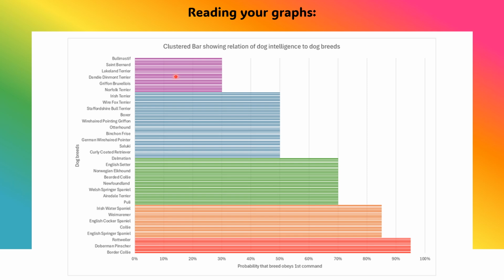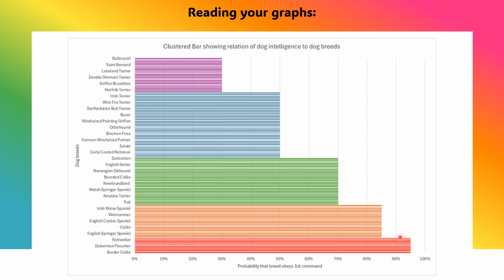The purple bars starting at the top show us breeds that have a 30% probability. The blue bars show us breeds that have a 50% probability. The green bars show us breeds that have a 70% probability. And the orange bars show us breeds that have a probability of 85%. And lastly, the red bars show us breeds that have a high probability of 95%.